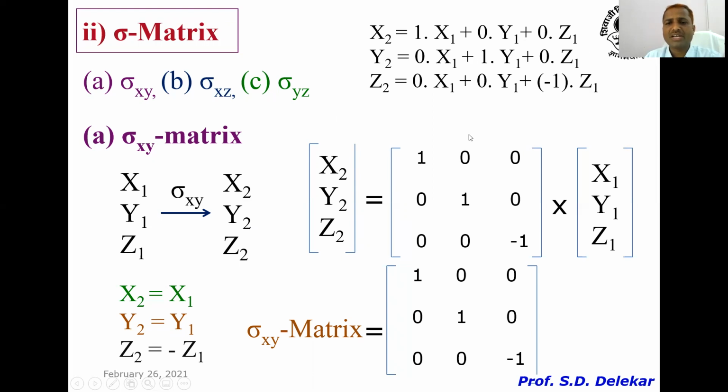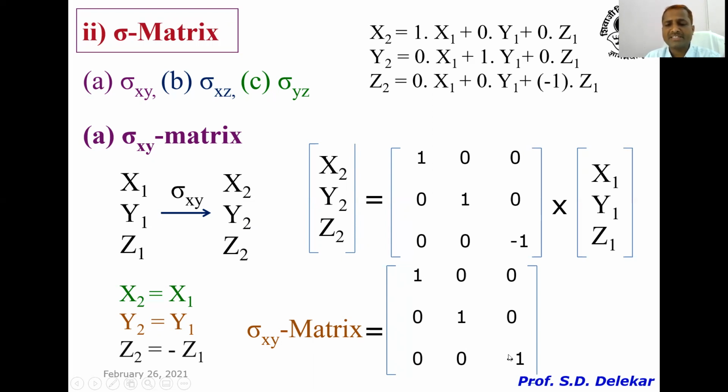So these three equations can be written in matrix form as one matrix: x2, y2, z2 is equal to 1, 0, 0, 0, 1, 0, 0, 0, minus 1, into x1, y1, z1. Therefore, the sigma xy matrix is this sigma xy matrix: 1, 0, 0, 0, 1, 0, 0, 0, minus 1.